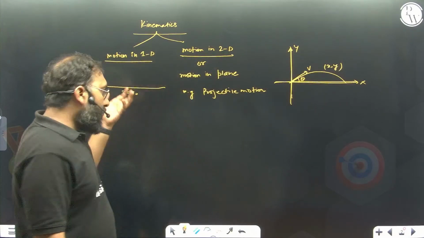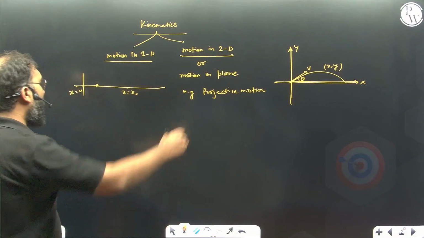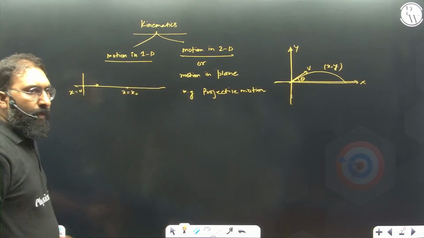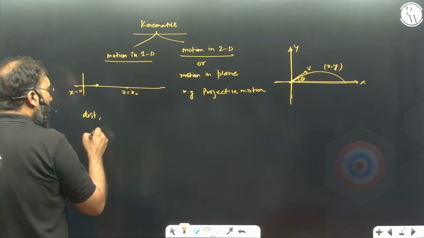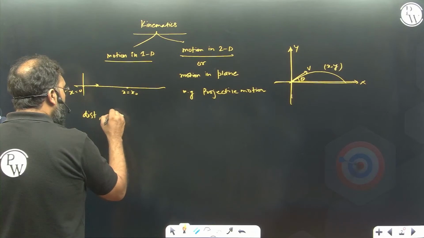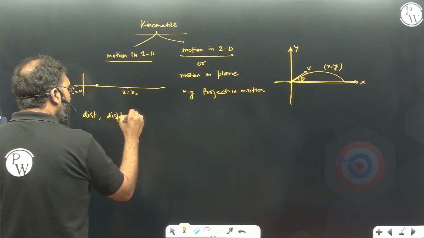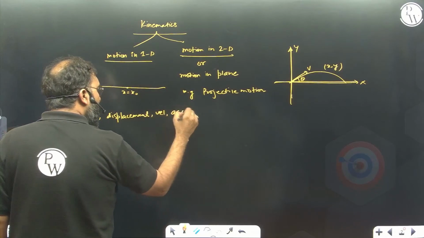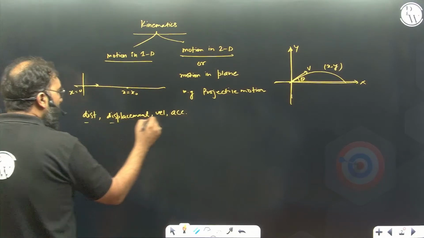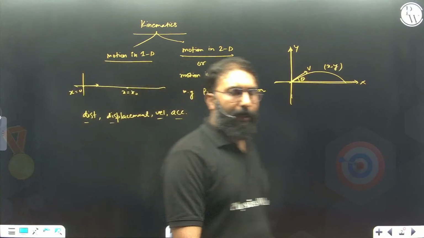To start with, whenever the particle starts moving, it will have some physical quantities defined for it: distance, displacement, velocity, acceleration. These are different quantities that are defined for a particle.